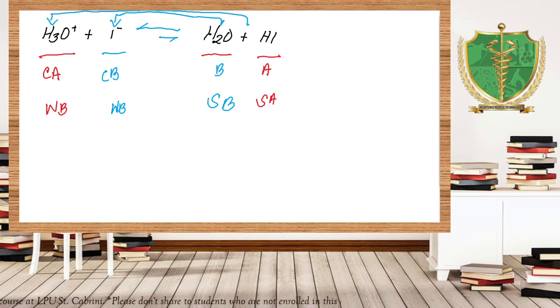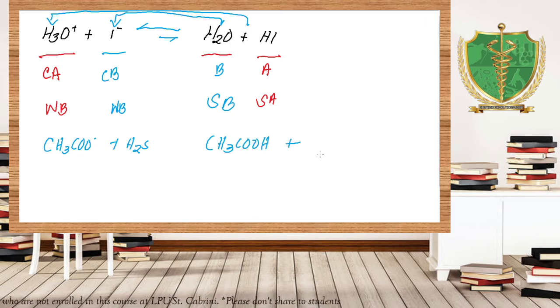Okay? Next example, we have here CH3COO negative plus H2S, giving CH3COOH plus hydrogen sulfide ion. So first things first is to identify our acid.